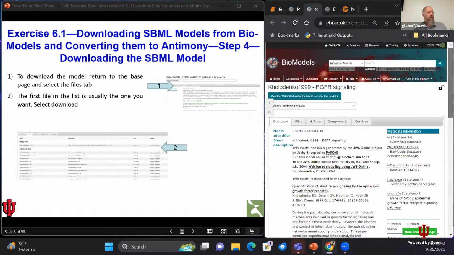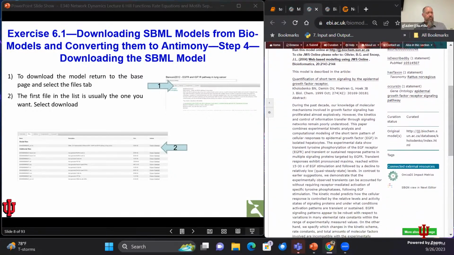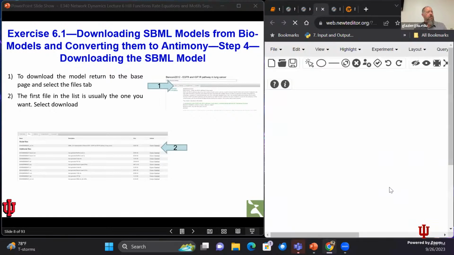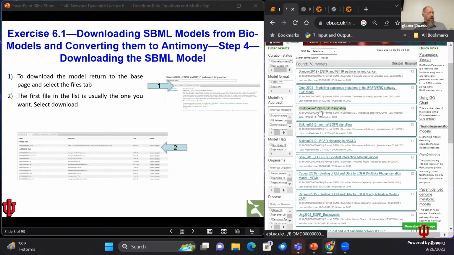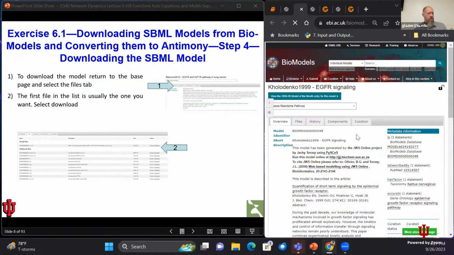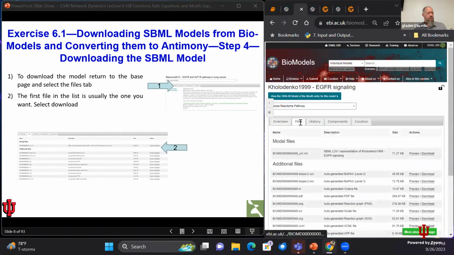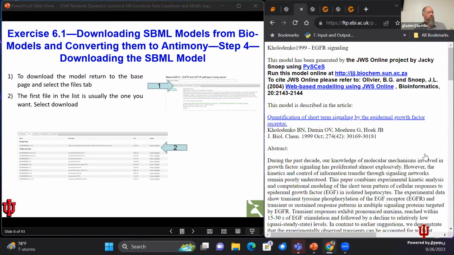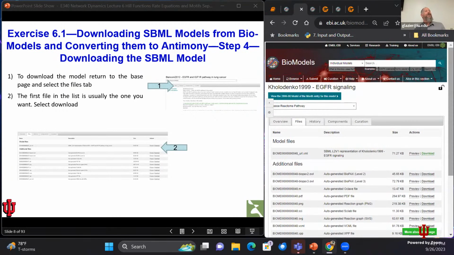So I picked a different one, Kolodenko. Let's see if the visualizer works for that one. Nope. Let's try the files. Download. No, nothing I can do about that right at the moment. I apologize. So we will skip this.